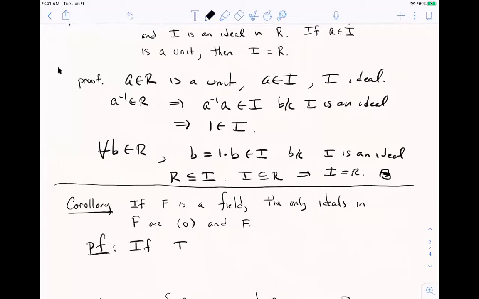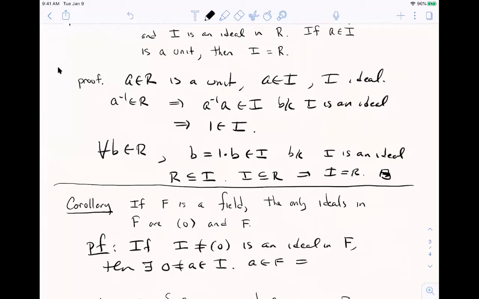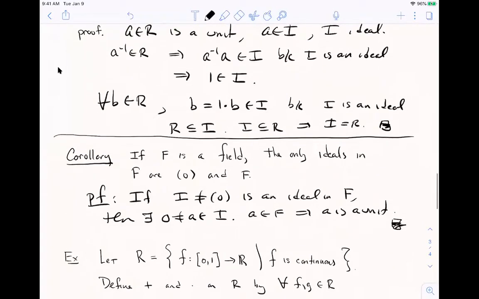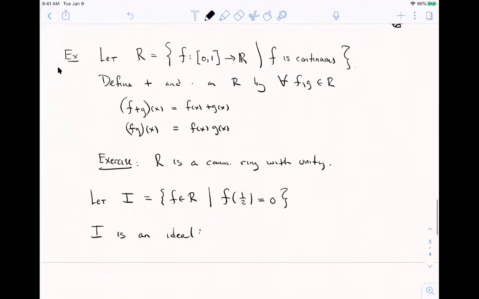So to prove that, if you take a non-zero ideal, then there has to be a non-zero element in it. But that element is a unit. Every non-zero element of a field is a unit. So the previous thing says that that ideal is equal to F. Nice. I'm smashing this in a little bit too much for you guys. We can talk about it in class.